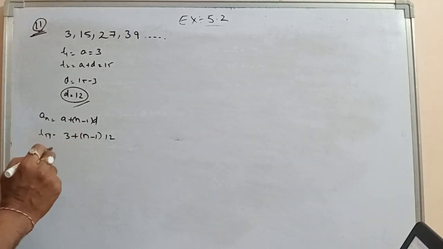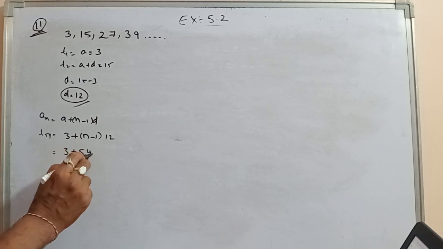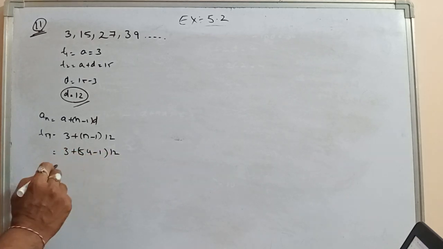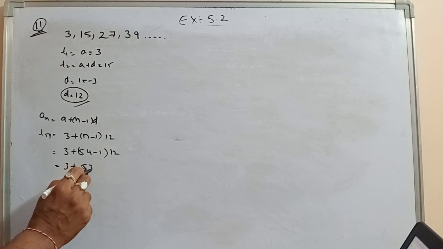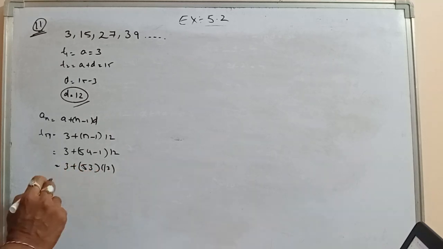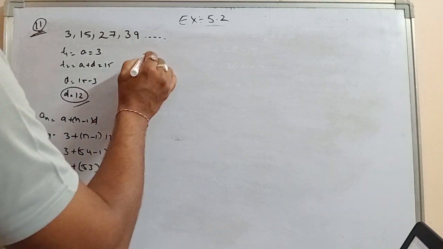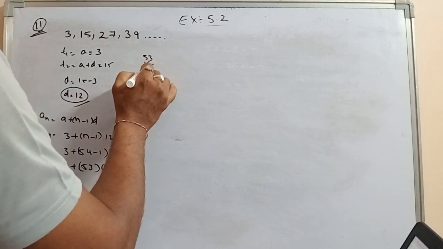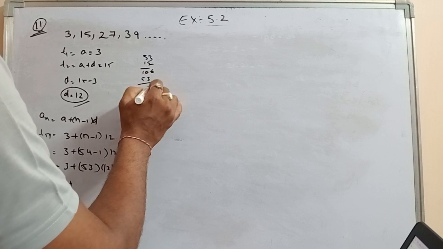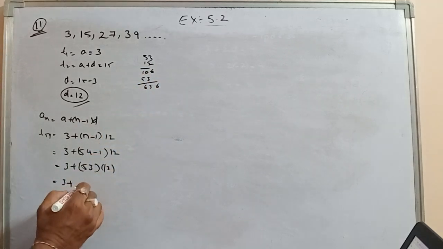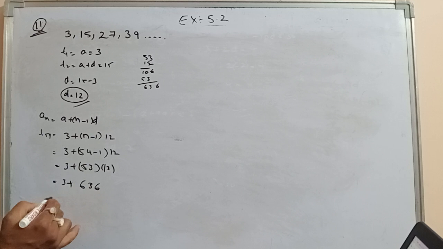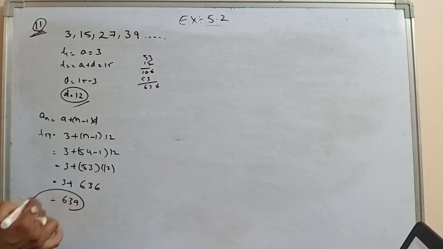So T54 is equals to 3 plus 54 minus 1 into d, so 3 plus 53 into 12. What is the value? 636. So 639 will be T54.